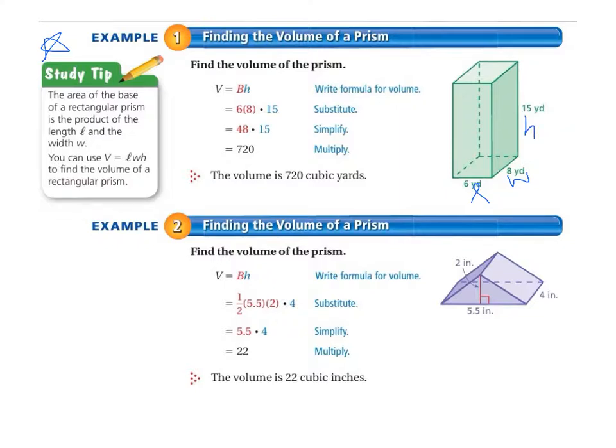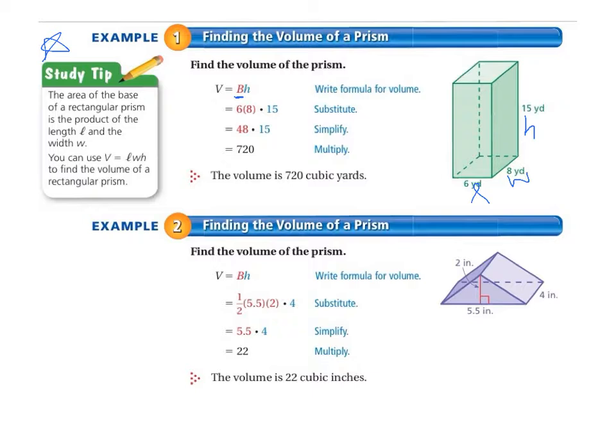Now looking at example 1, we are going to be using the length, width, and height, but it's going to look a little bit different over here, but it's essentially the same thing. We have V for volume equals base times height. Now, when we see this B here, we're looking for the base. So first we need to find the area of the base, and we do that by multiplying our length times our width.